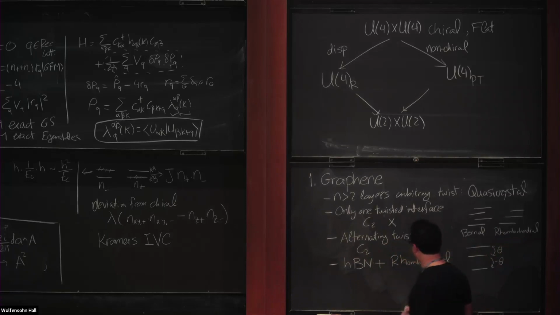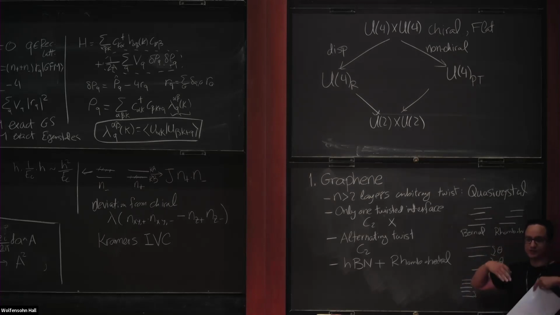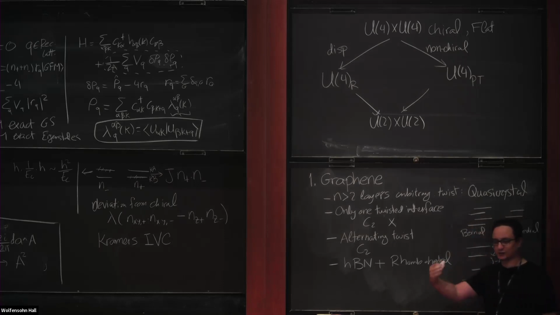The advantage of this setup is that you have your untwisted system, and then you have the moire here. So if you apply an electric field that pushes the charges towards this interface, you can strengthen the effect of moire. And if you apply the field to push it away, you can make the moire weaker. So this system allows you to tune the strength of the moire potential.